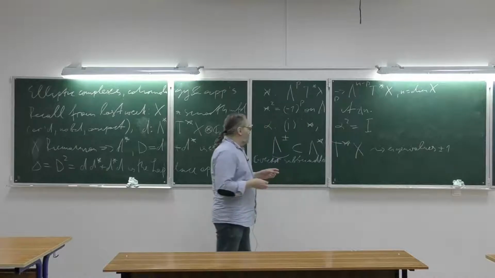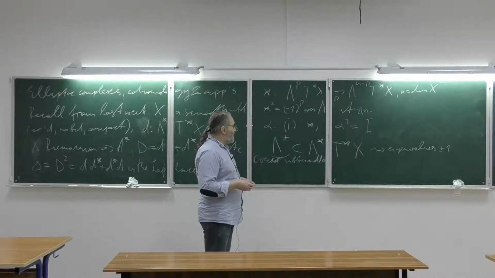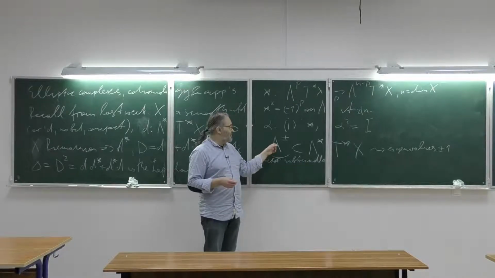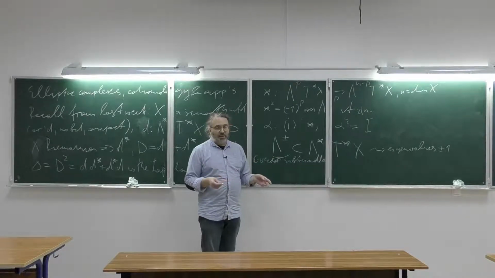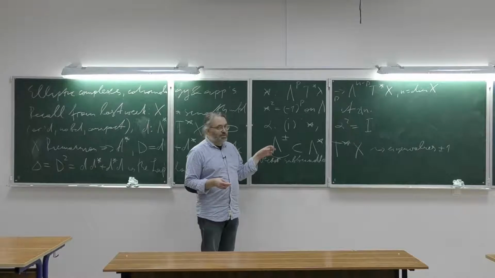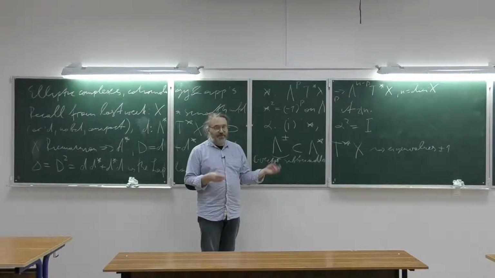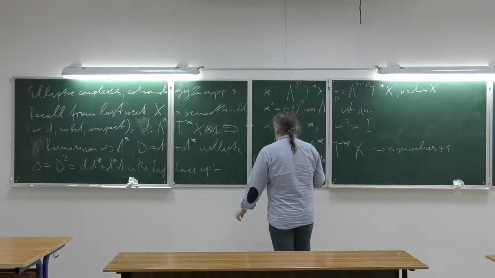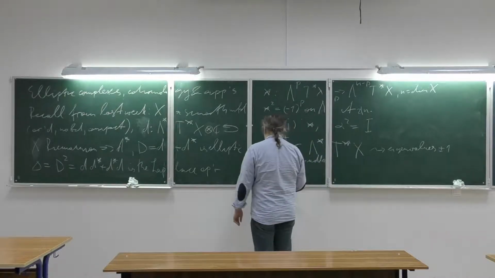Now I want to construct an operator which goes from sections of lambda plus to sections of lambda minus, and vice versa. Okay, and this is where we stopped.